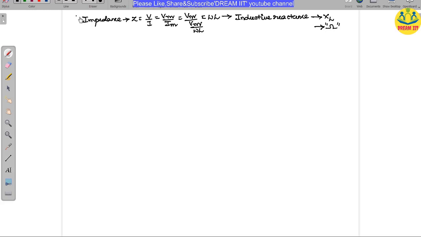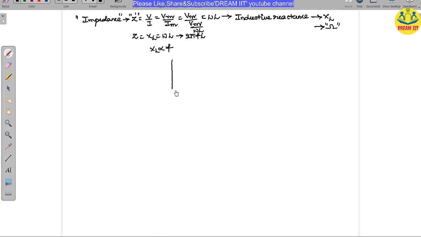The unit for inductive reactance is ohms. Previously for impedance Z also it is ohms only. So the impedance of this circuit is XL, and XL is equal to omega L. Very important formula: omega L can be written as 2 pi f L. That means XL is directly proportional to frequency.